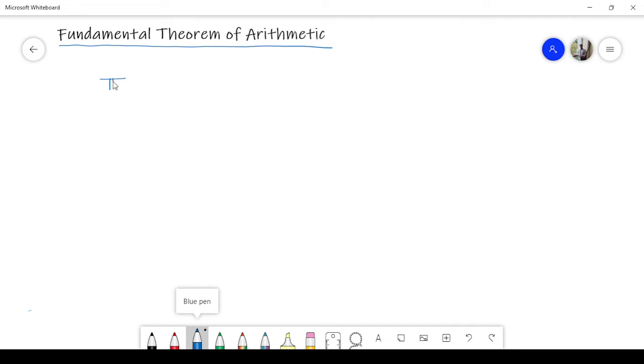The statement of the theorem. Now we discuss the statement of the theorem.